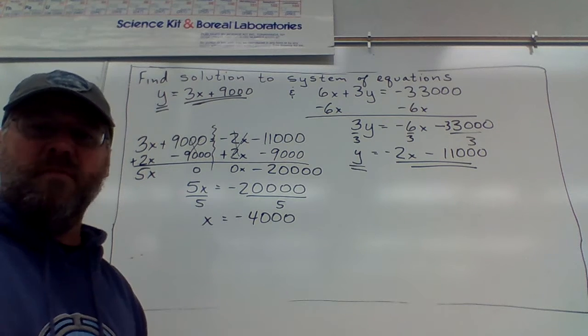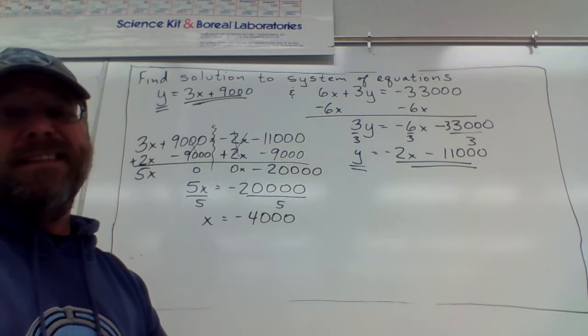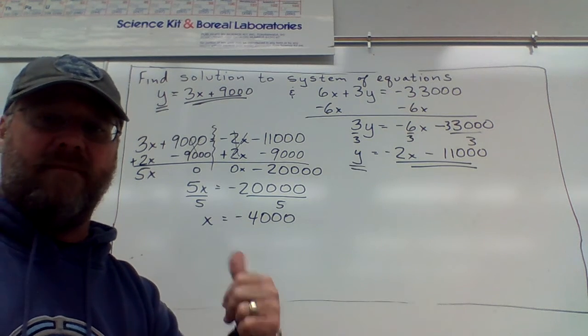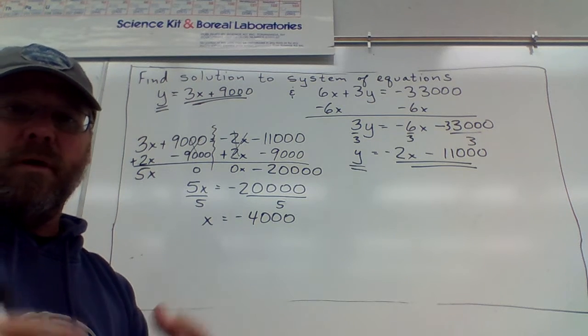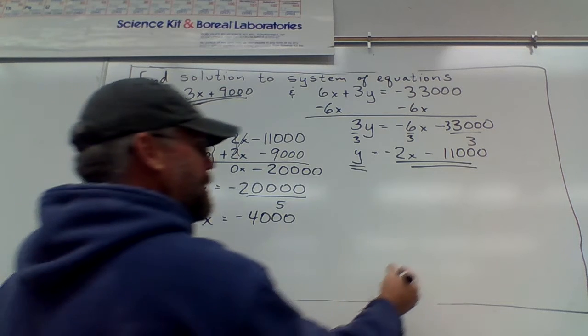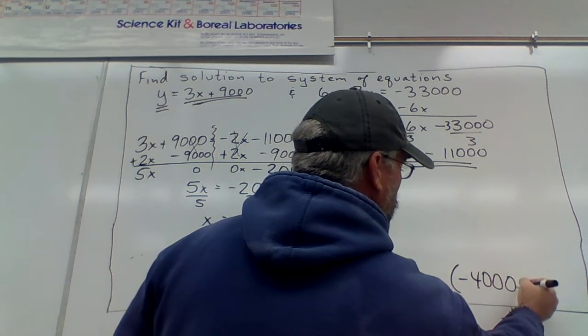Well, many of you might think, oh, I'm done. Well, not quite. Okay. Remember, this is a system of equations. So what we have to have is an x and a y where both of these lines are going to meet. I do know right away that I'm talking about negative 4,000.